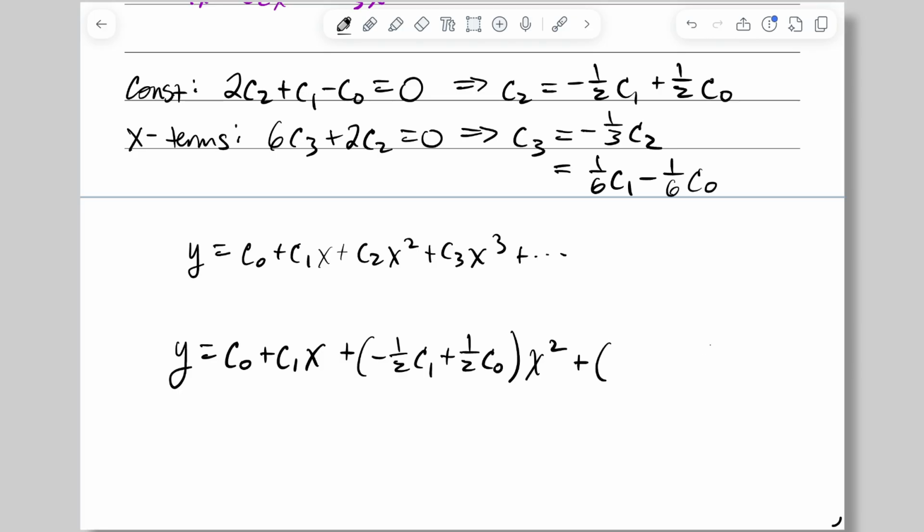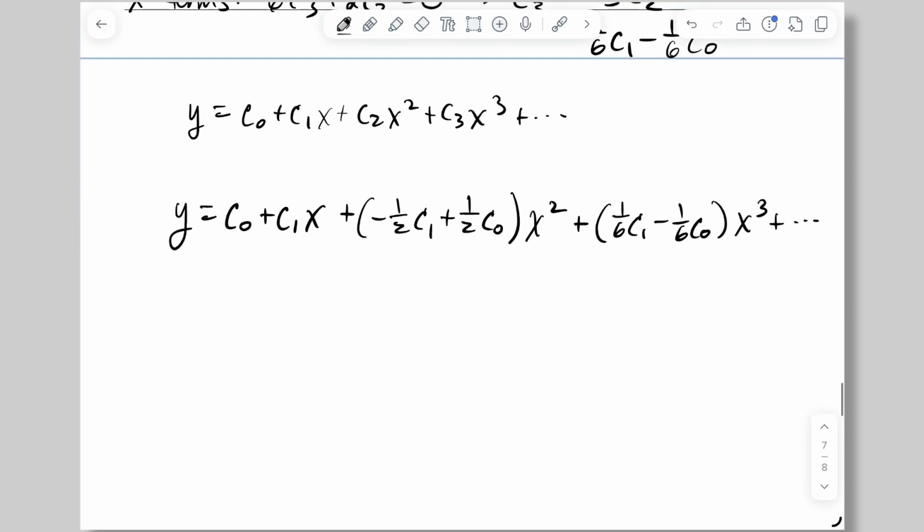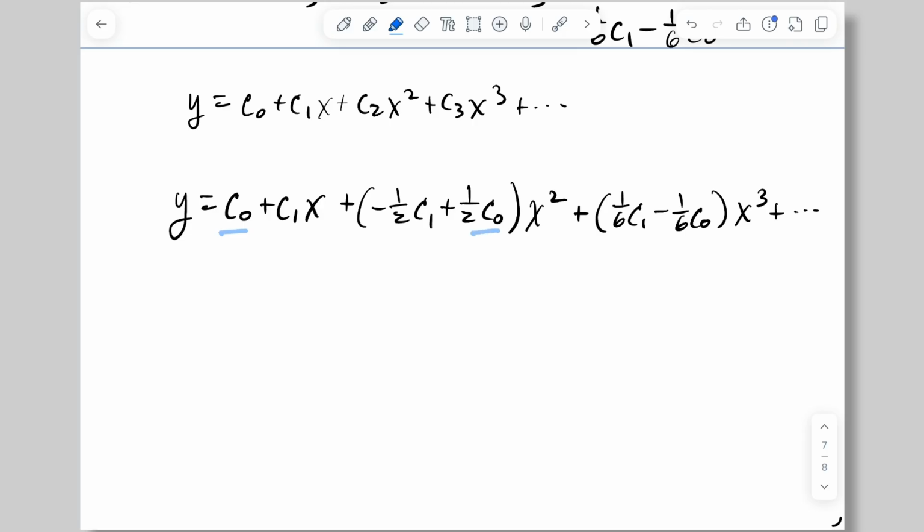Plus c3x cubed, but c3 is 1/6 c1 minus 1/6 c sub 0. And I'll put plus dot dot dot. I'm going to parse these out between terms that have c sub 0 and terms that have c sub 1.